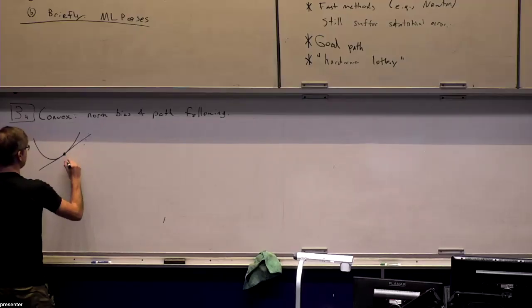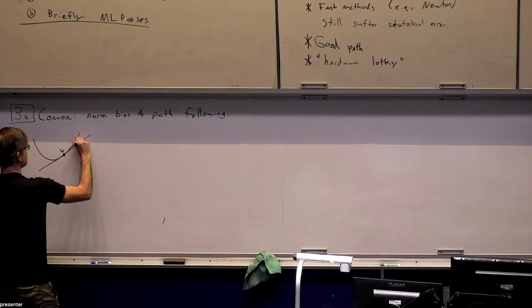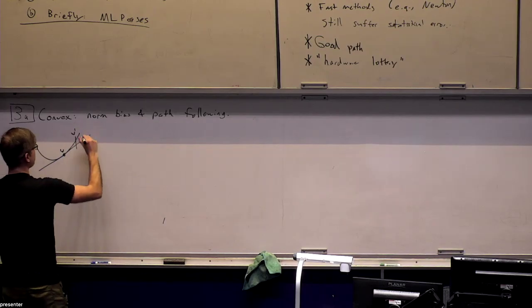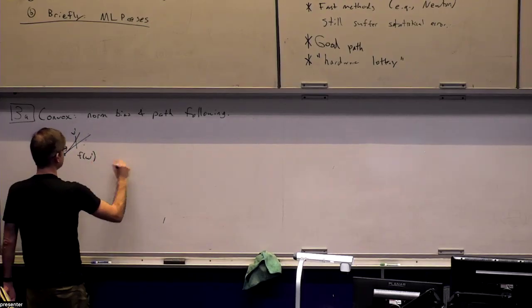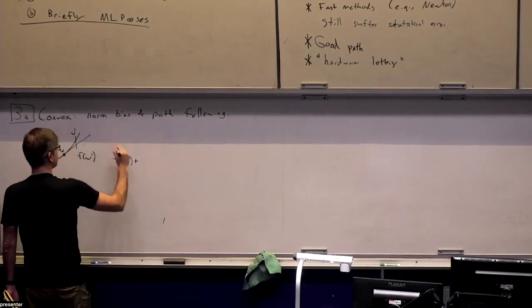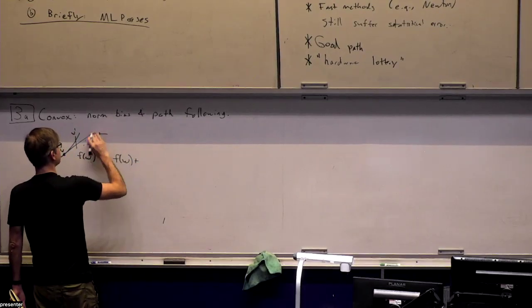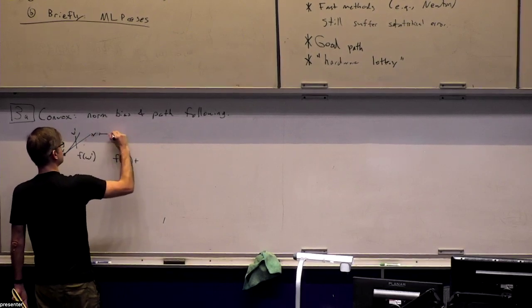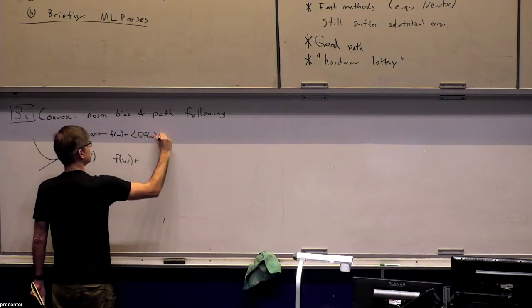So if this is some point W, and I'm looking at some other point W prime, then I'm comparing the function values of W prime to the function values of this lower bounding hyperplane. And this lower bounding hyperplane is exactly given by this equation, I'm just writing the equation of the lower bounding hyperplane.